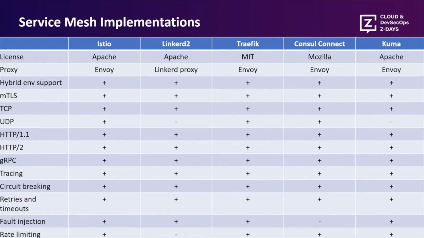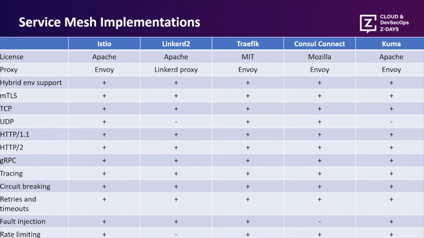So if you will be choosing a service mesh, you will need to go deeper into the details of those features and understand how exactly a given service mesh fulfills them and what exact capabilities will be there. Because on a high level, it looks like, for example, all five service meshes will support tracing, but not all of them will support all tracing backends, right?